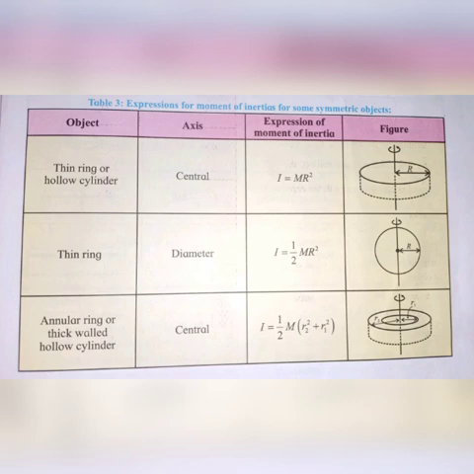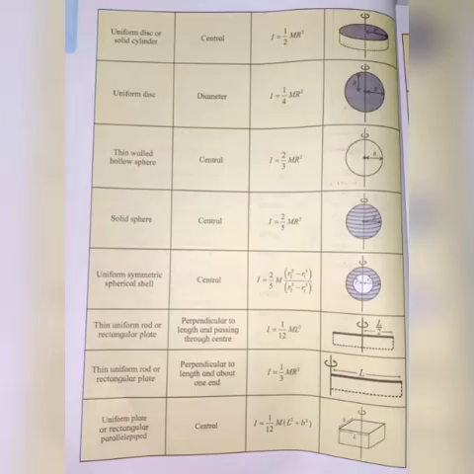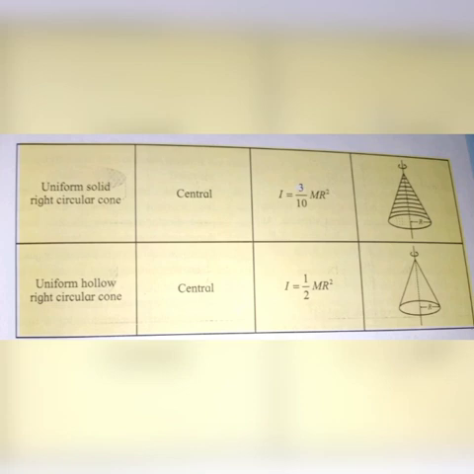Here is the table in which the moments of inertia of different bodies are given. From this table, we can determine the radius of gyration for respective bodies by using the moments of inertia and particular axis of rotation.